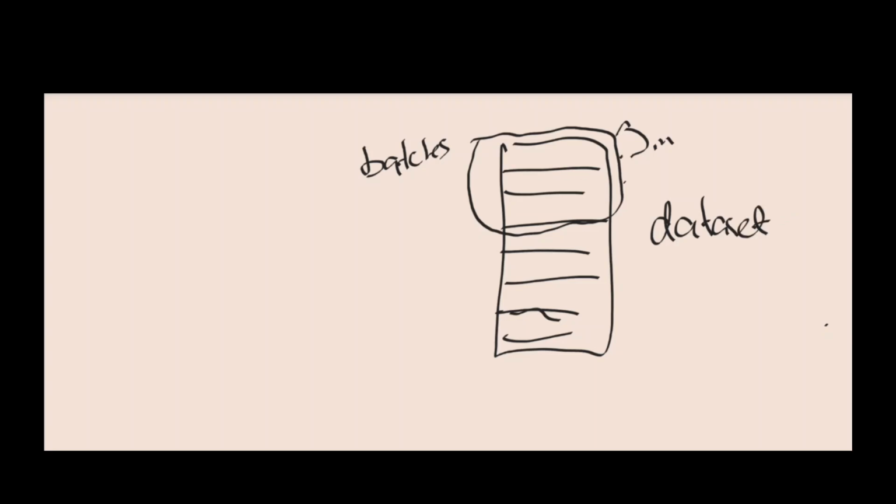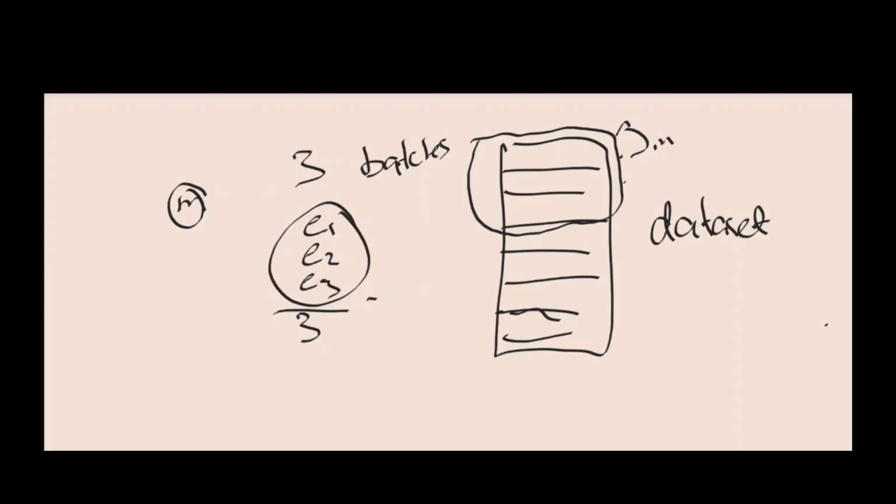So let's say our batch has 3 rows. I'll calculate my error 1, my error 2, my error 3 given a specific M, and then I'll just divide or take the average of my errors to get a mean, more truthful error that's more resistant to noise because I'm taking the average.